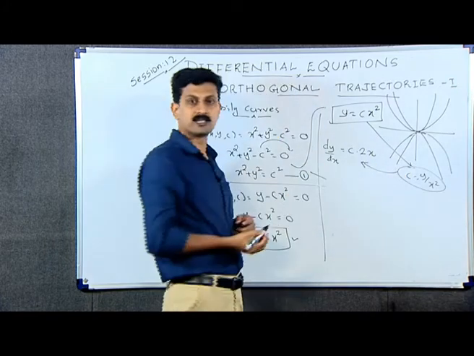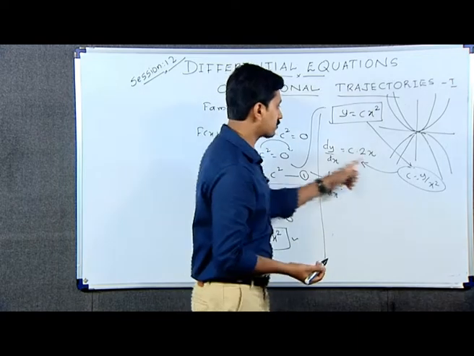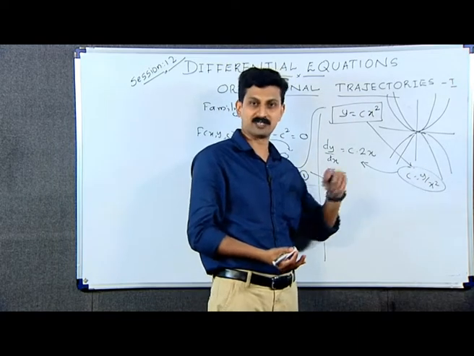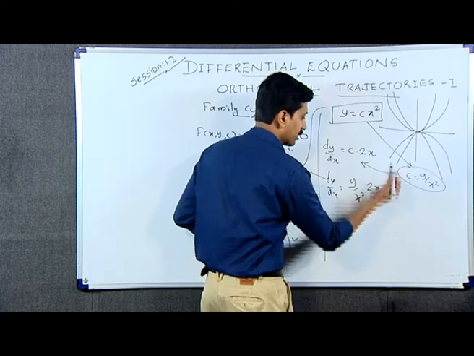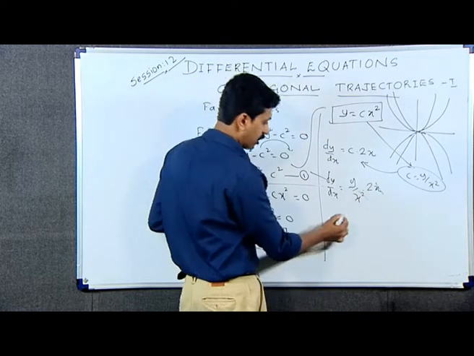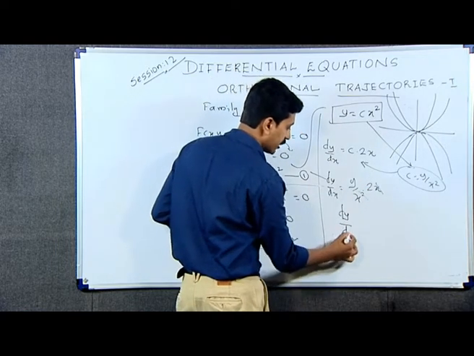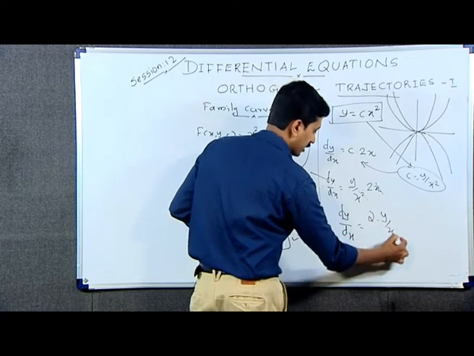Here dy by dx is equal to, instead of c we replace the value y by x square, so this is y by x square into 2x. We can cancel x and x from here. So, after all we will have dy by dx is equal to 2y by x.